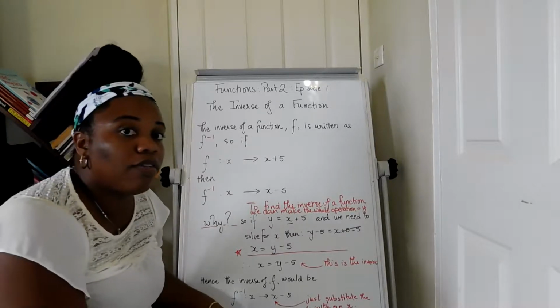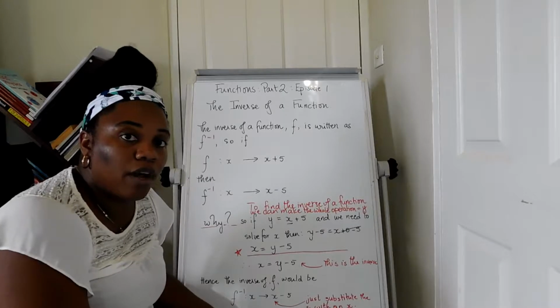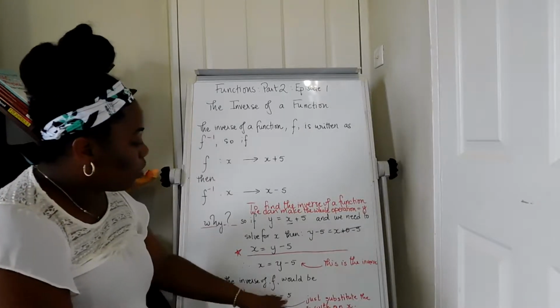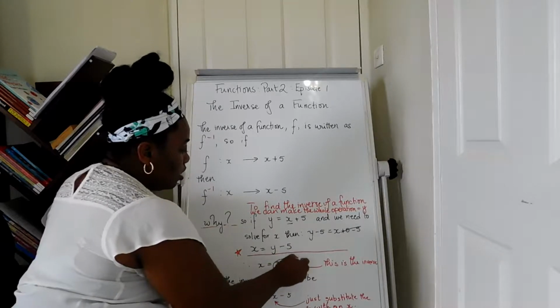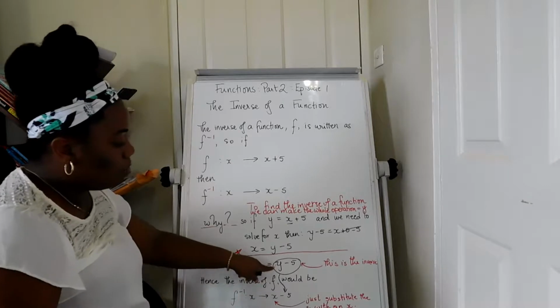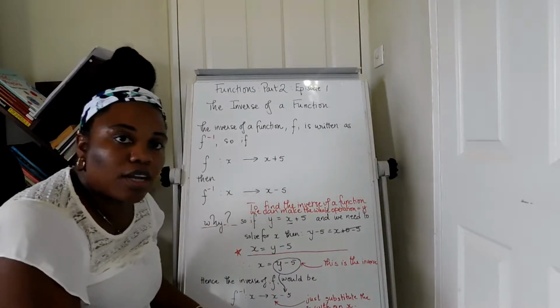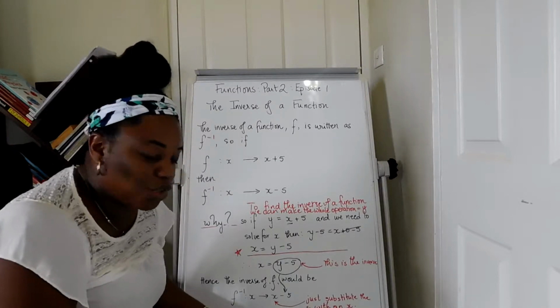After we make the whole operation equal to y and solve for x, whatever we get fits in this area, but the y we just discard and place an x right there. Okay? So it's not too hard.